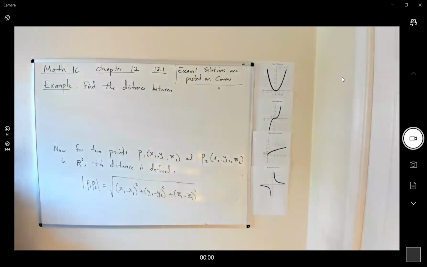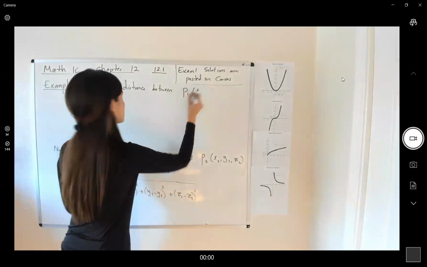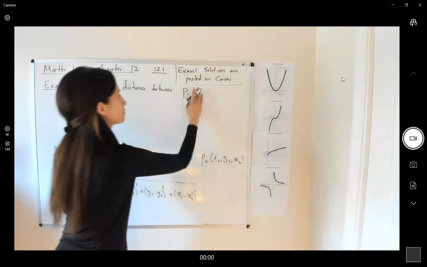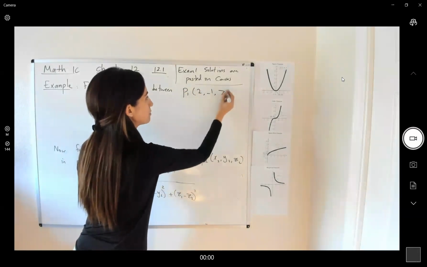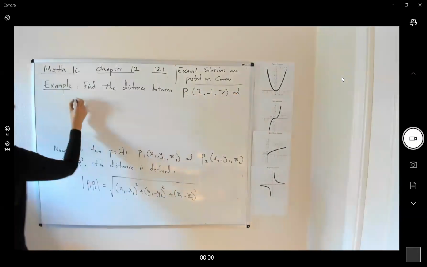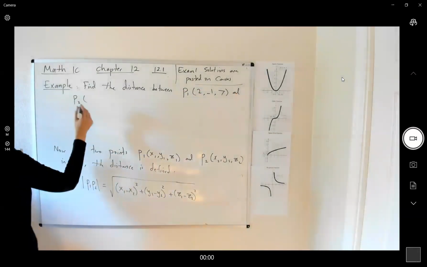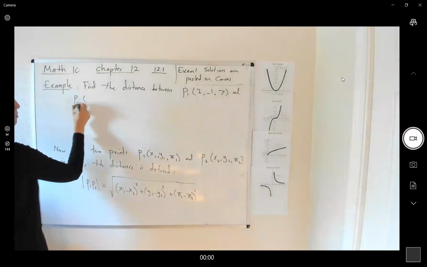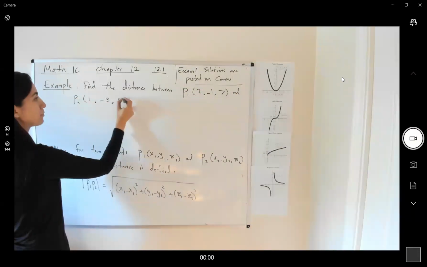The first one is P sub 1, which is 2, negative 1, 7. And the second point, P sub 2, is, let's say, 1, negative 3, and they have 5 here.